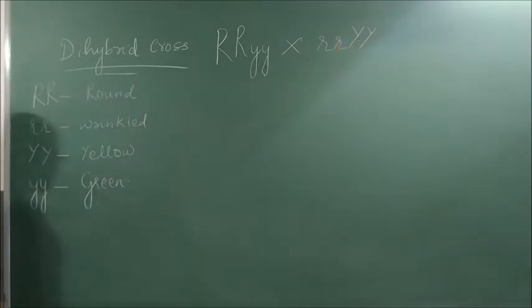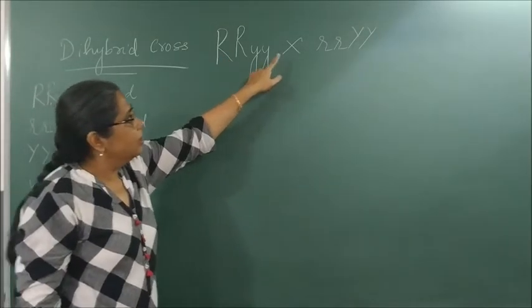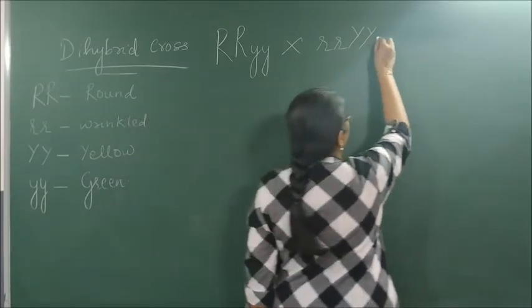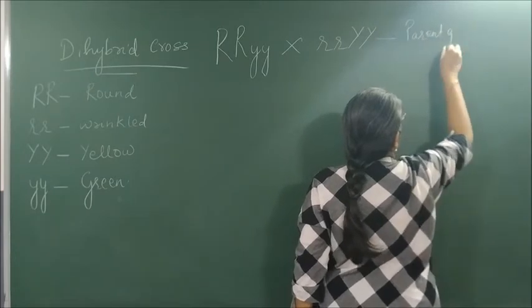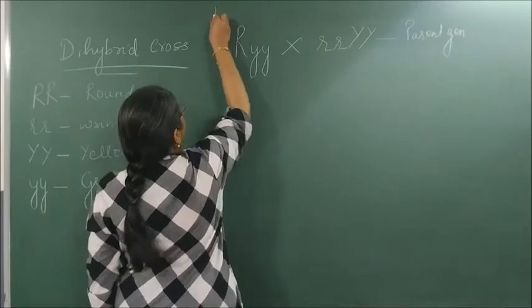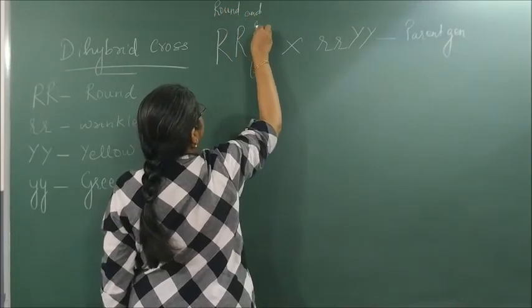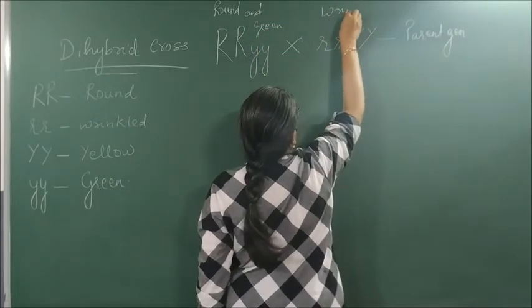Fine. So your parent generation is what? Round and green, wrinkled and yellow. Write round and green on the top, and on this side wrinkled and yellow.